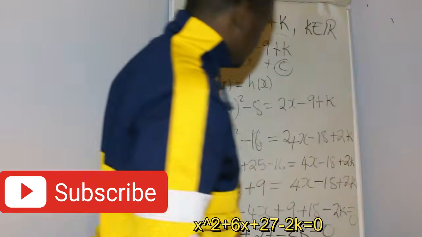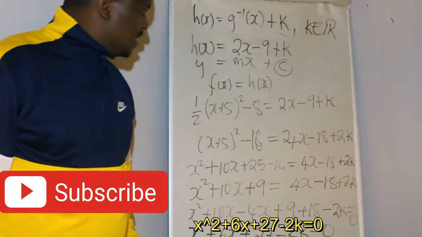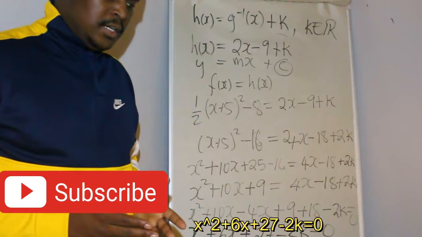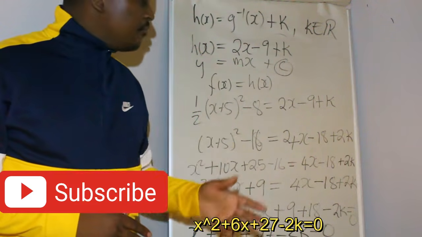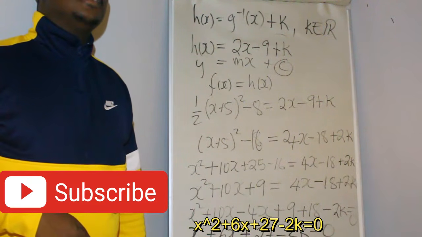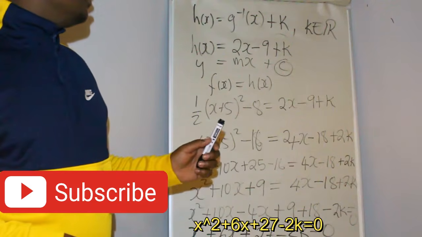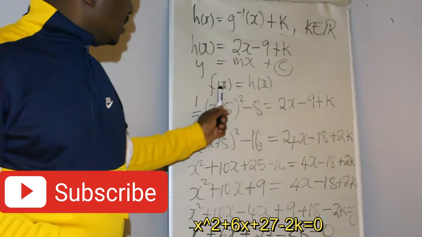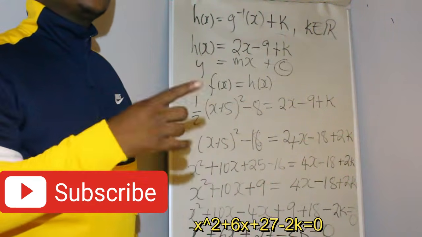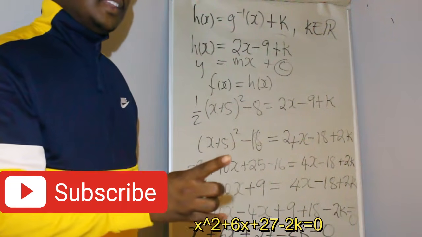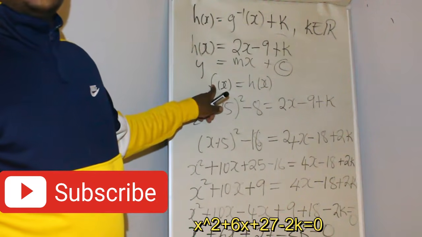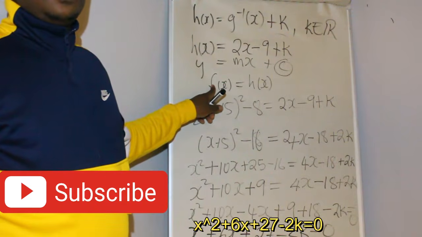So, at this point, we're told that this guy is a tangent to our function f. What does that mean? It means that this equation should have one solution, because if it is a tangent, these two functions only meet once, they only intersect once. So this should have one root.